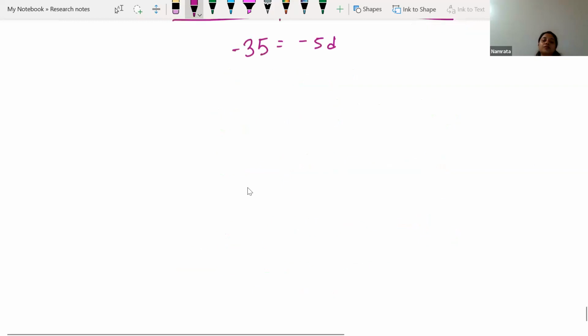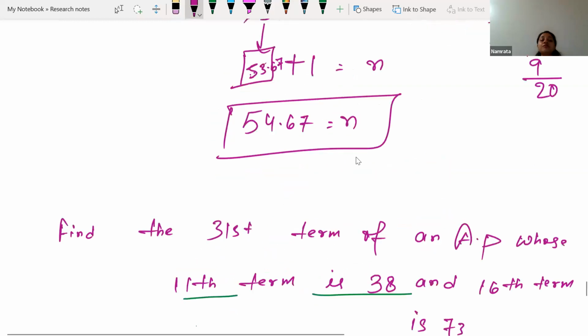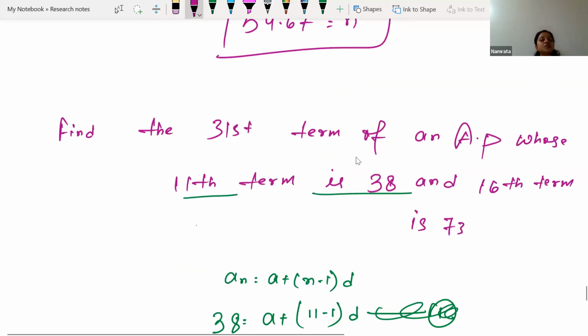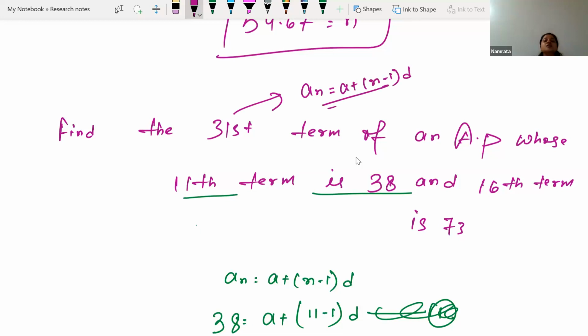So directly we got the d value from here. Now we'll be able to calculate the a value. What we have to find here is the 31st term. Once we have a and d in hand, easily we will be able to find the 31st term by using the same formula, that is an is equal to a plus n minus 1 times d. Okay. So I'm leaving these calculations for you.